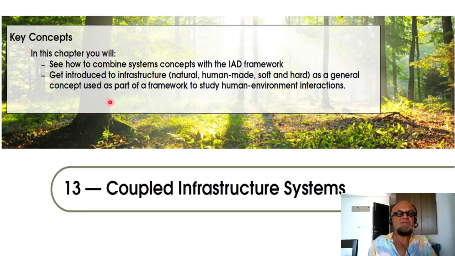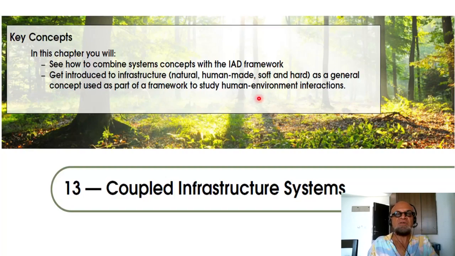Here are the key concepts. We will see how to combine systems concepts with the institutional analysis and development framework, which we looked at way back in chapter 2 and applied in many cases. You get introduced to infrastructure, so that will be natural, human-made, soft and hard, and social infrastructure, and human infrastructure as a general concept used as part of the framework to study human environment interactions.